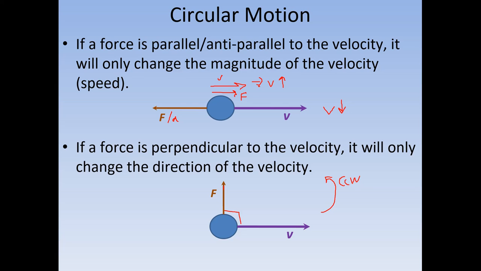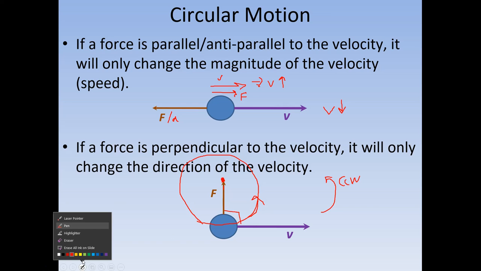The way that you figure it out is, since the force is pointed upwards, my center of the circle should be right here. Since this has to be located on the outer edge of the circle, my circle has to look like this. And because my velocity is pointed this way, I can already see that I have to go this way. All right, so easy enough.